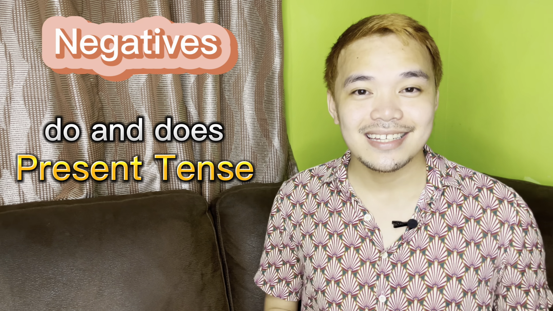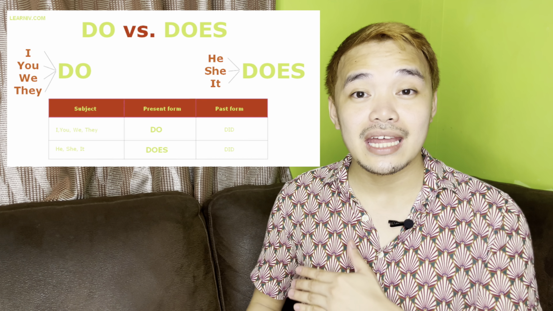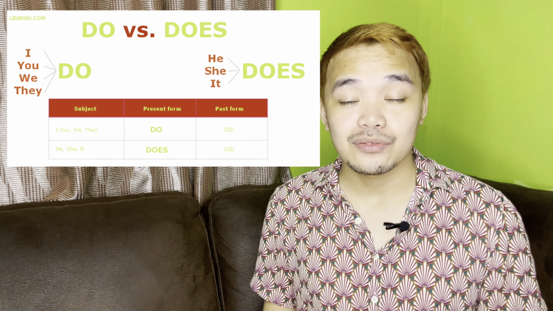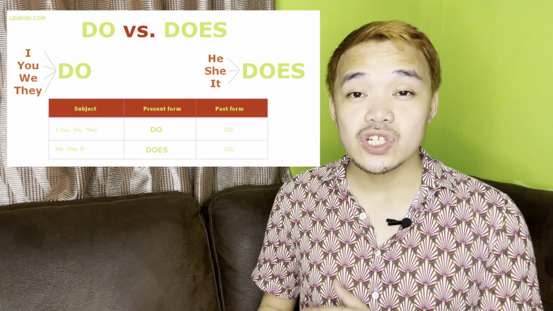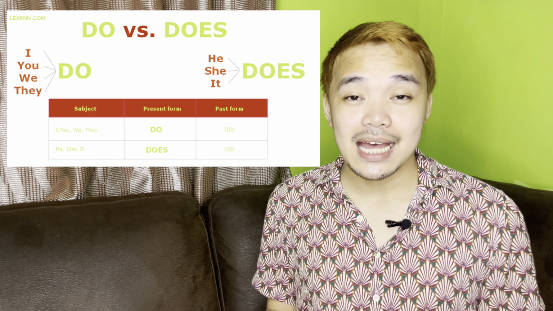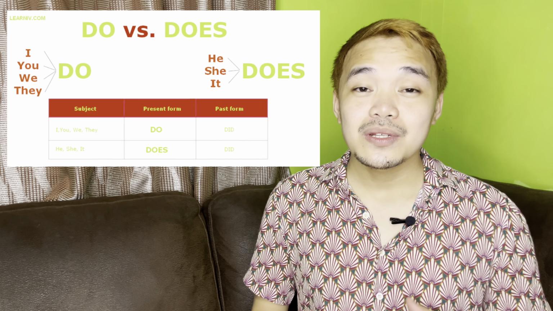Now let's look at this table. Now we use do for any plural nouns and pronouns such as I, you, we, and they. It's like have. We use does for any singular nouns and pronouns such as he, she, and it. Like has. Now did is the past form of do and does.